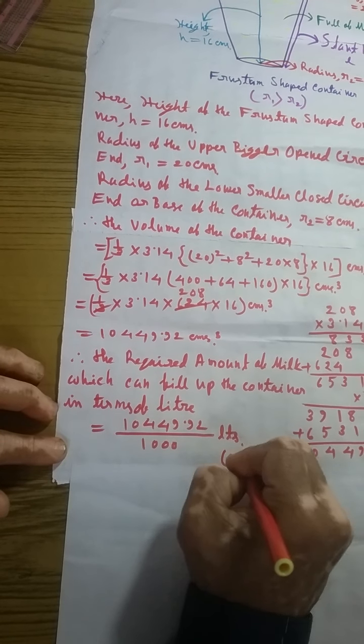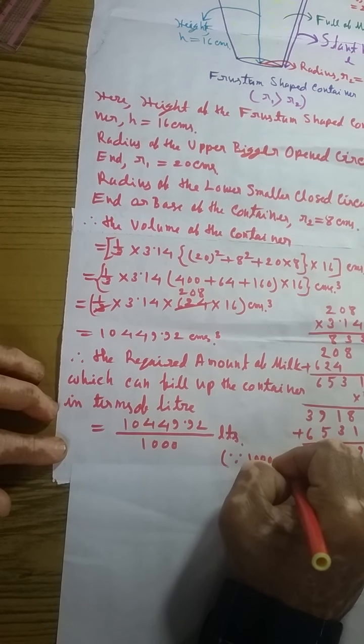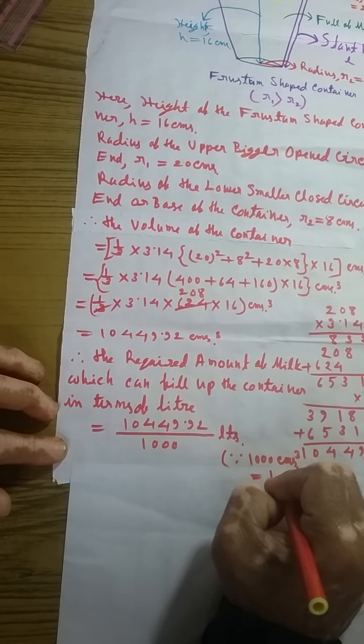Write within bracket, since 1000 cubic centimeters is equal to 1 liter.